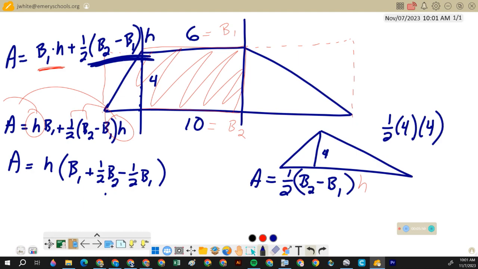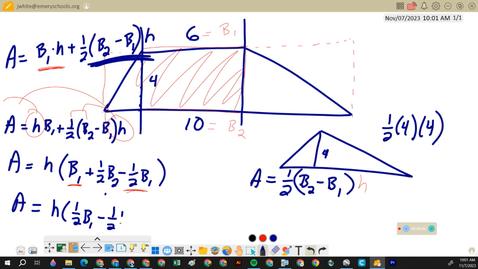Okay, how does that simplify? B1 minus 1/2 of B1 is 1/2 B1, so H times 1/2 B1 plus 1/2 B2. What do those have in common? 1/2. So the formula is 1/2 H times B1 plus B2. The area of a trapezoid is simply the height times the average of the bases.